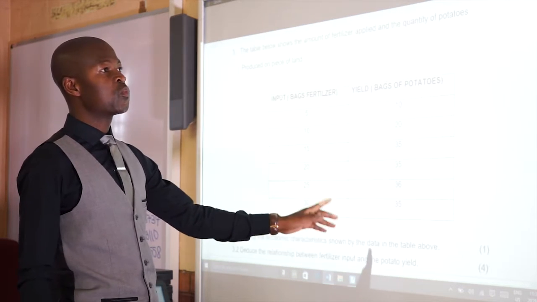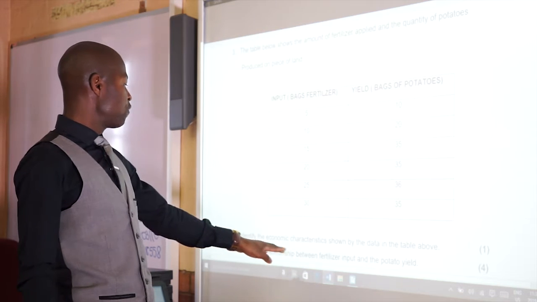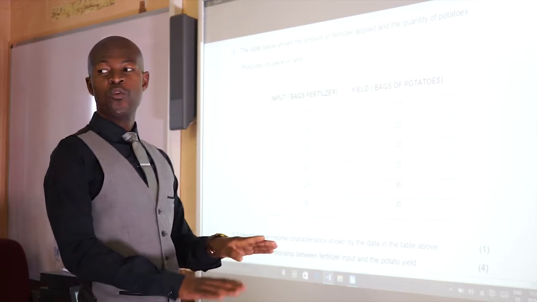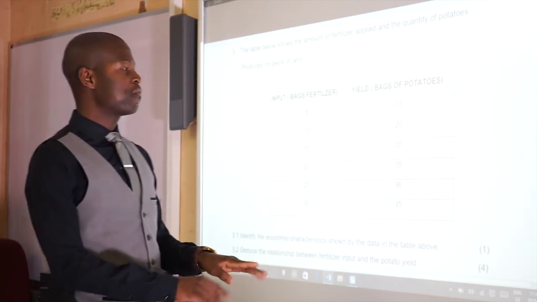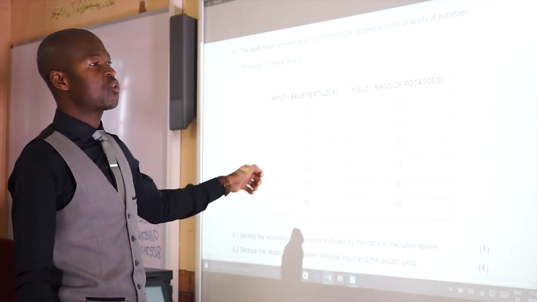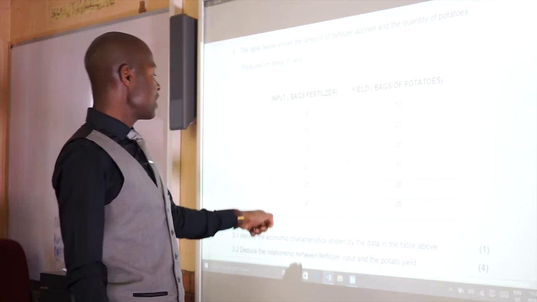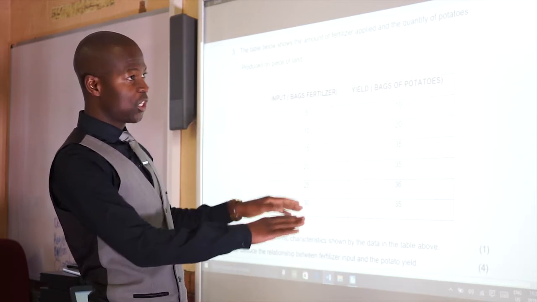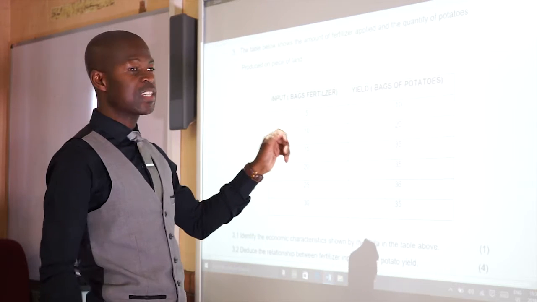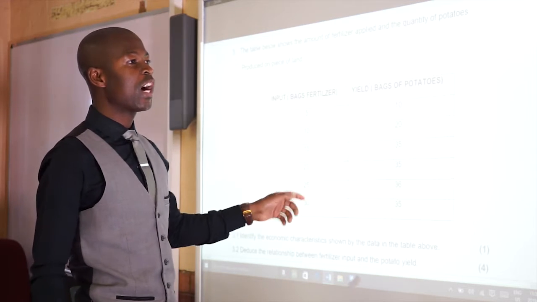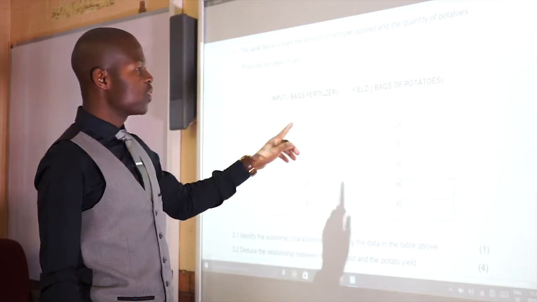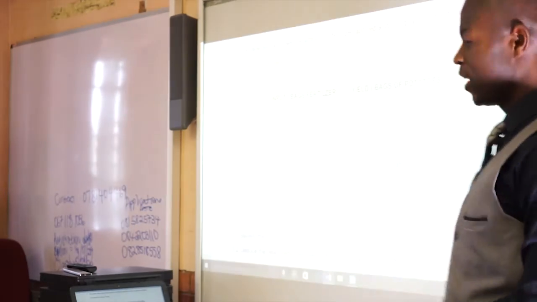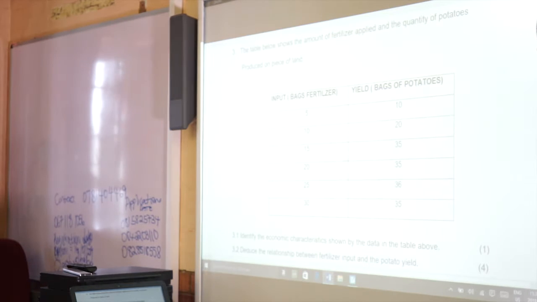But also, if we are to look at the relationship between the inputs and potato yield, it also speaks to the graph that we spoke of earlier, that as inputs of fertilizers increase, the production will also increase, but up to a certain point whereby it will no longer increase beyond this. So this speaks directly to the law of what? Of diminishing returns.